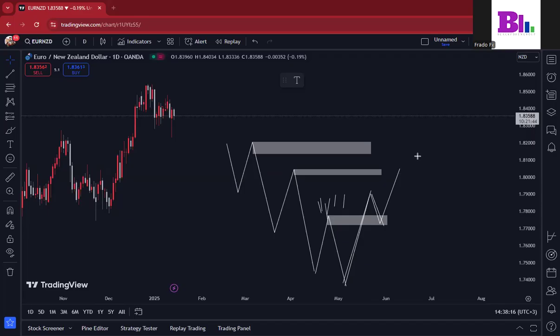Sometimes in order for you to have a confirmation, you can just wait for this kind of setup. Okay, let me add something that is going to help you. So you have to wait for something like this, sharp. Remember, this is not equal low. Okay, this is a shift of market structure. Then this is our supply, our order block.